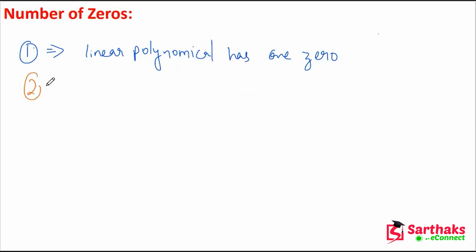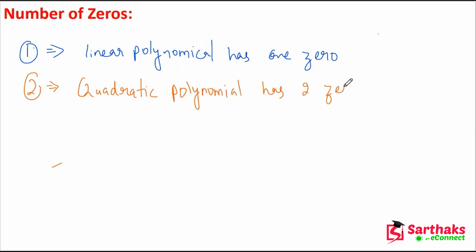If we have a quadratic polynomial, it has two zeros. I hope you get this point.